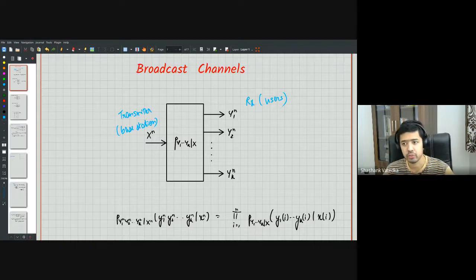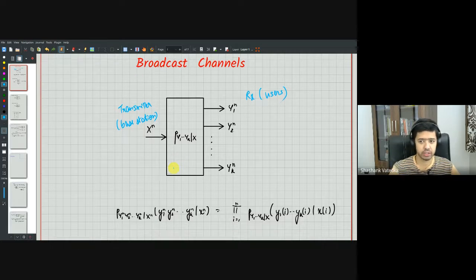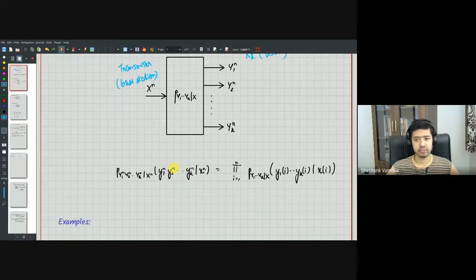Okay, so the broadcast channel, as I said, has one transmitter and say K receivers. So this is a K user broadcast channel, and we will treat the channel as a black box. If the transmitter sends n symbols, x of 1 up to x of n, into the broadcast channel, then each receiver gets n symbols at the output, y1n, y2n up to ykn.